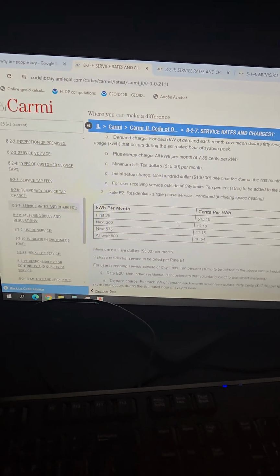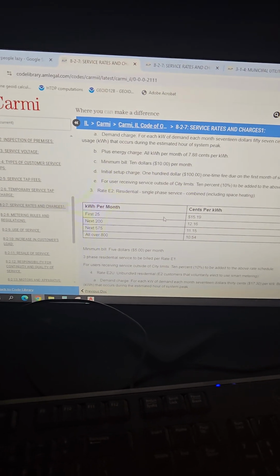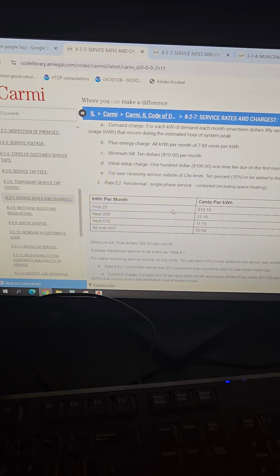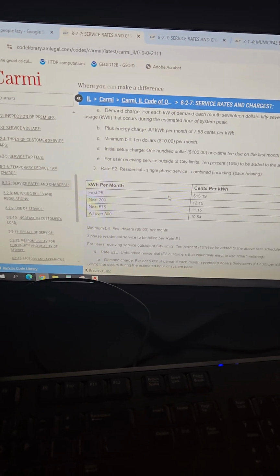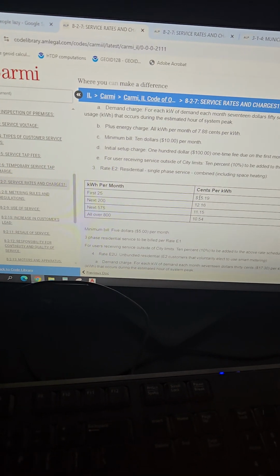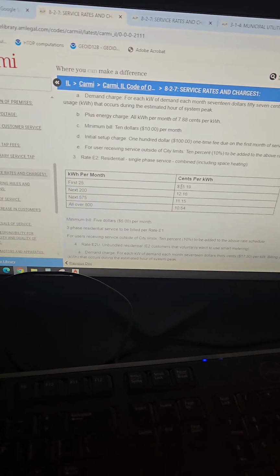These rates have been static for many, many, many years before COVID. And we know the price of everything has gone up and down, and it has tended to drive upwards. So you can't stick with these rates and not change them for 10 years and expect the city to stay afloat.